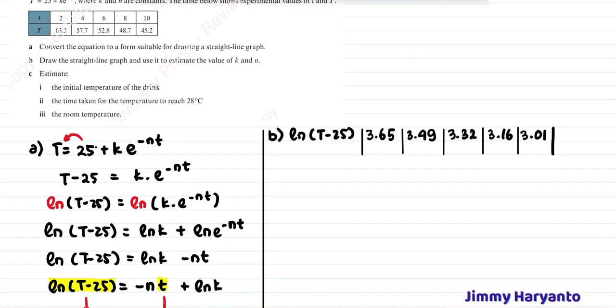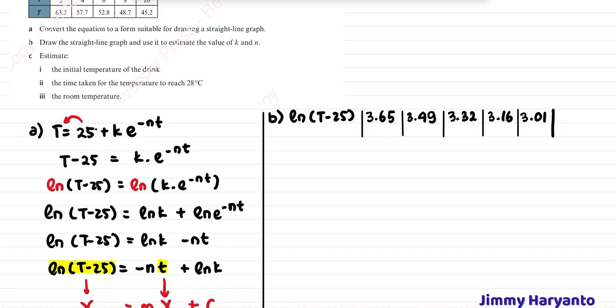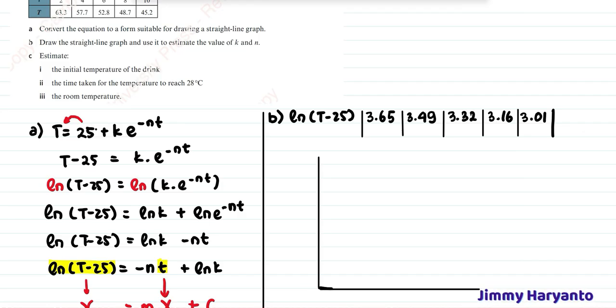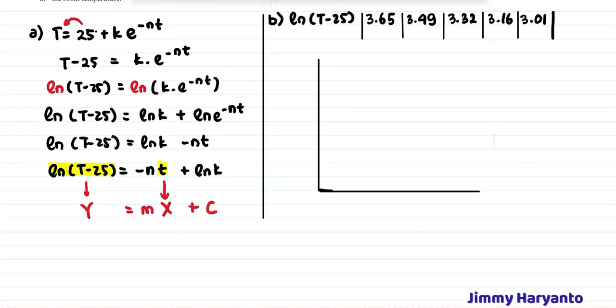Okay, so this is the result after I input the T values. So ln(T minus 25). That means we can draw the straight line graph right now. I will draw it roughly because I don't have graph paper. Okay, so the time is 2, 4, 6, 8, 10.